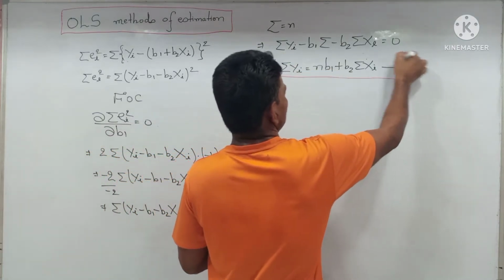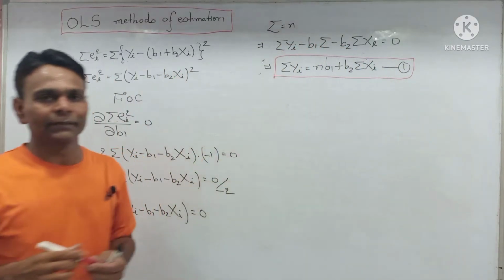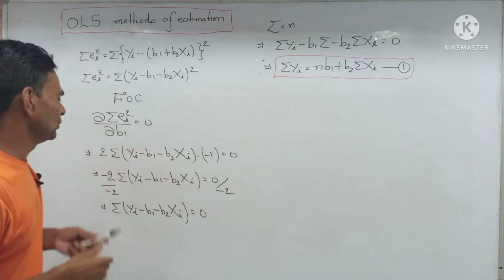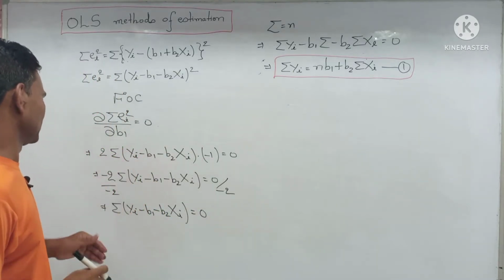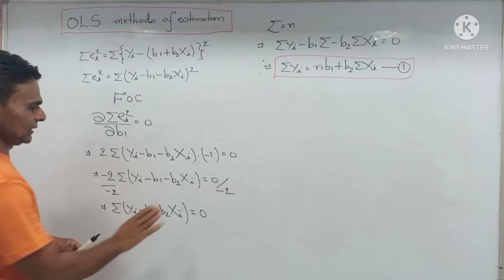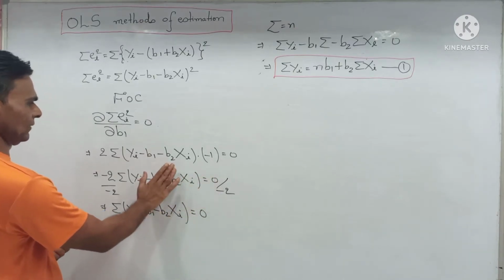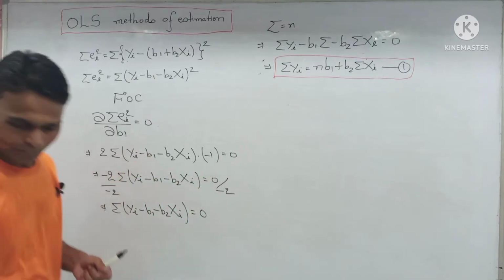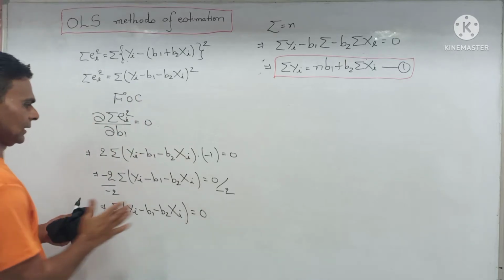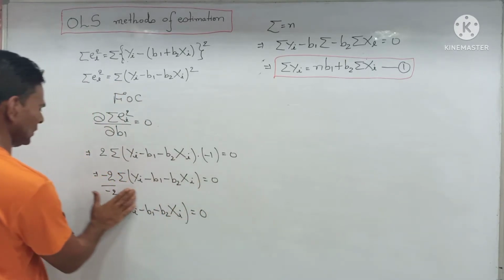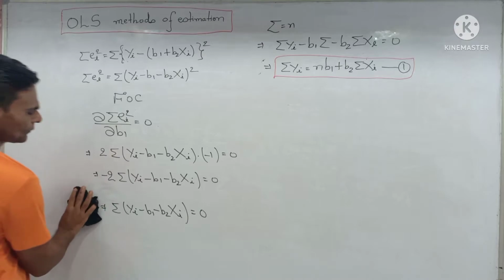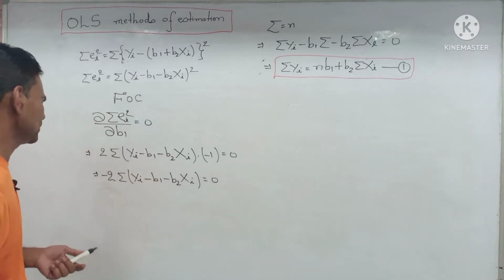Now we have taken the first order partial derivative, and it is time to check the second order condition. Suppose we had not divided both sides by minus 2.